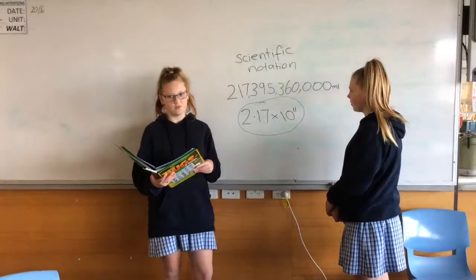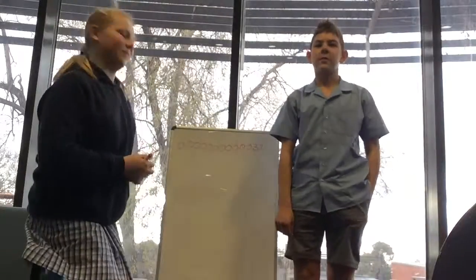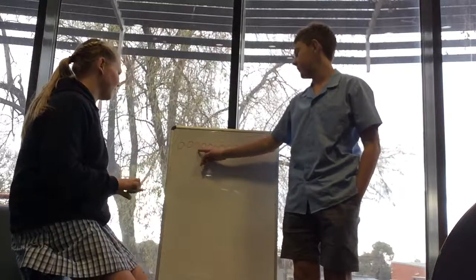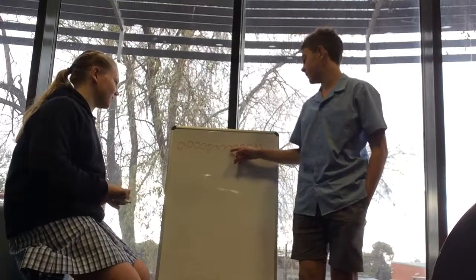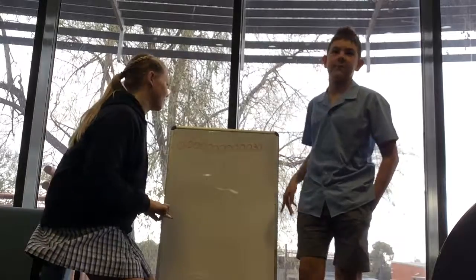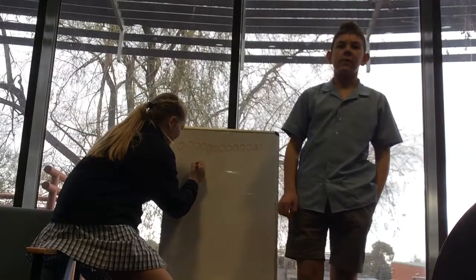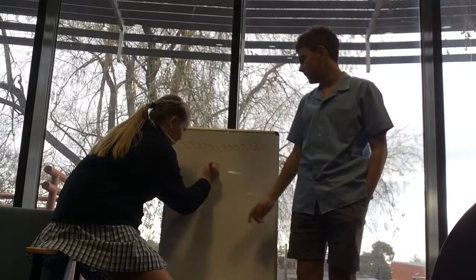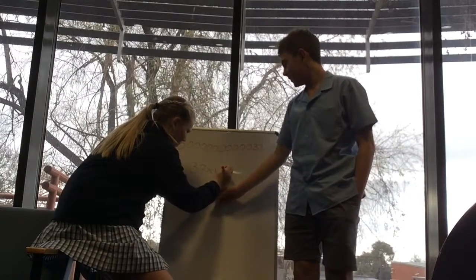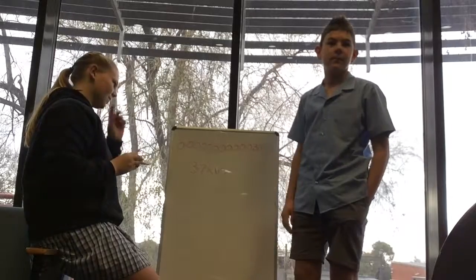Maths makes everything possible. It is very similar with really small numbers, like 0.0000000000037. We write the number 3.7, then again times 10. So 3.7 times 10.